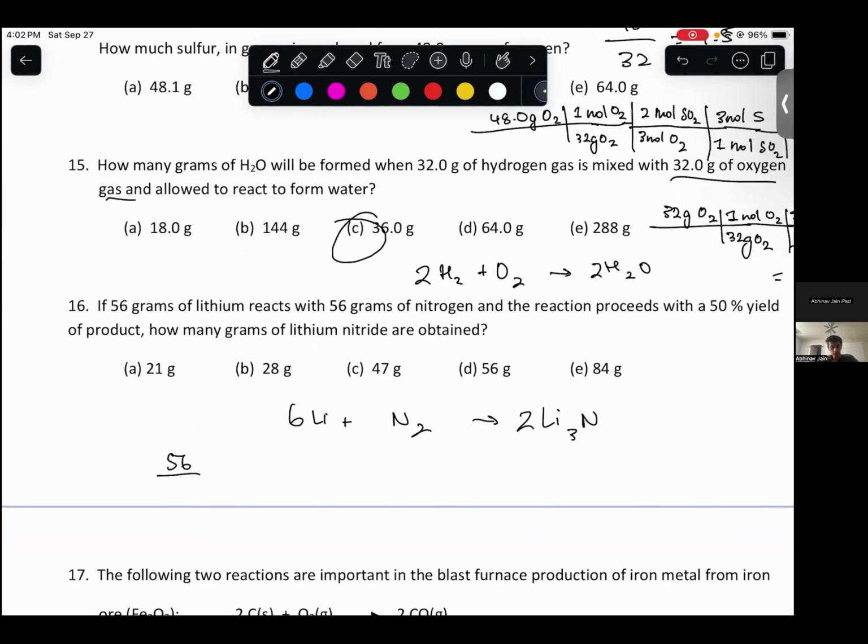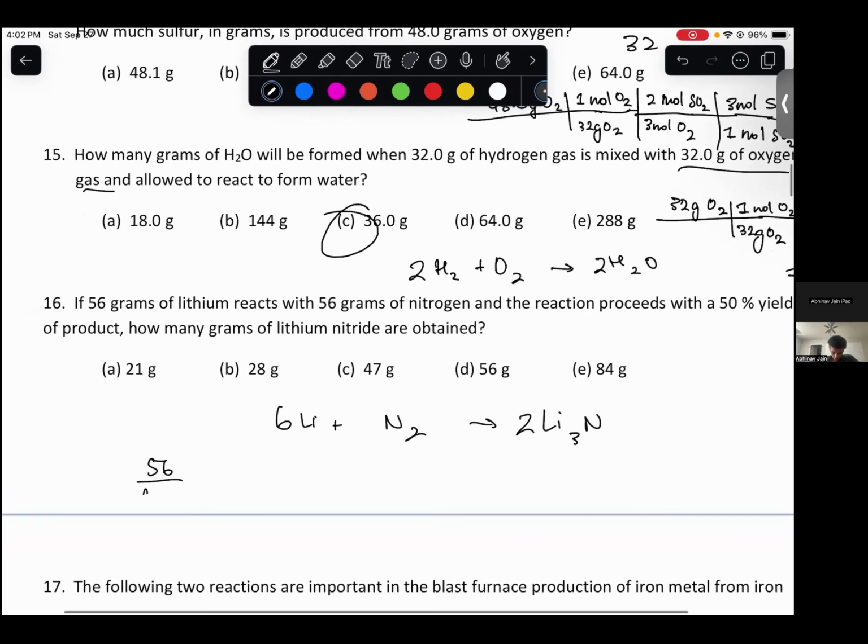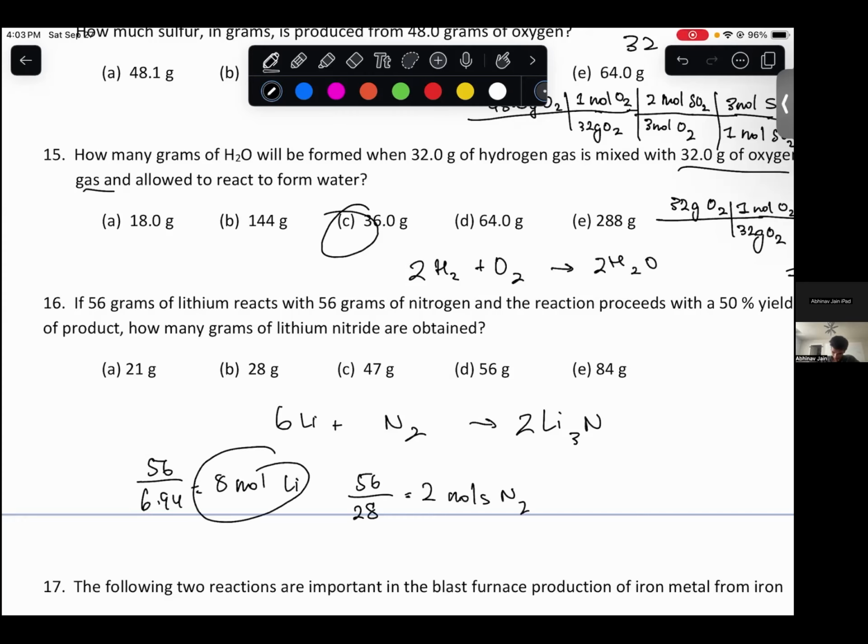So if we do 56 divided by 6.94, we have 8 moles of lithium. 56 grams of nitrogen. Nitrogen, remember, is diatomic, so 14 times 2 for the molar mass of nitrogen gas. 56 divided by 28 equals 2. So that means we have 2 moles of N2 and 8 moles of lithium.